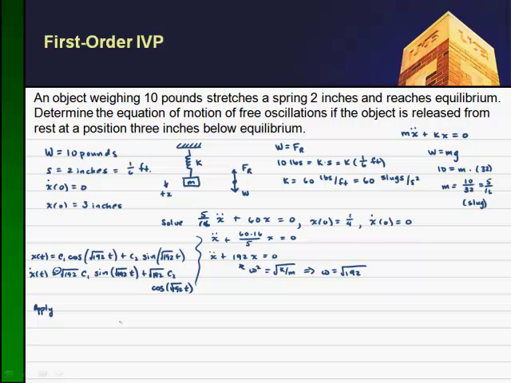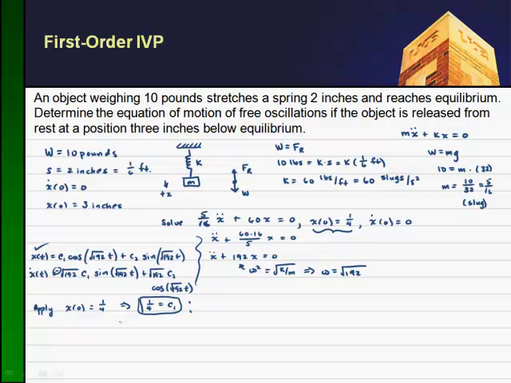Okay, so let's apply the first condition, given that x of 0 is 1/4 of a foot. Going back to the first equation, 1/4 of a foot equals c1, since the cosine of 0 is 1, plus c2, since the sine of 0 is 0. That immediately tells me that c1 is just 1/4.